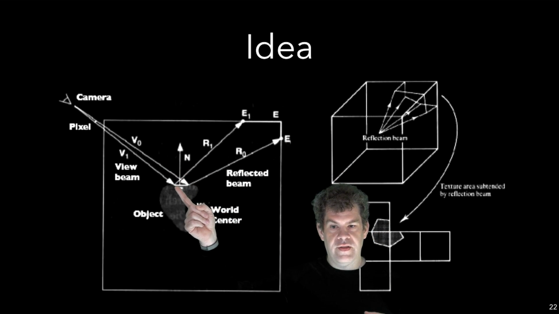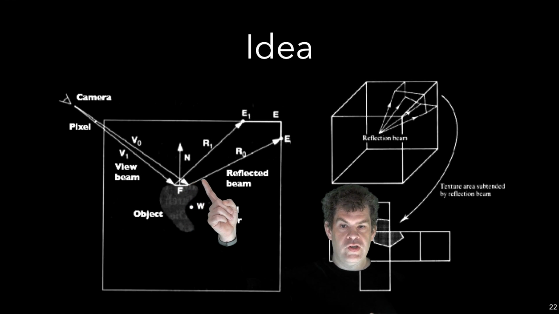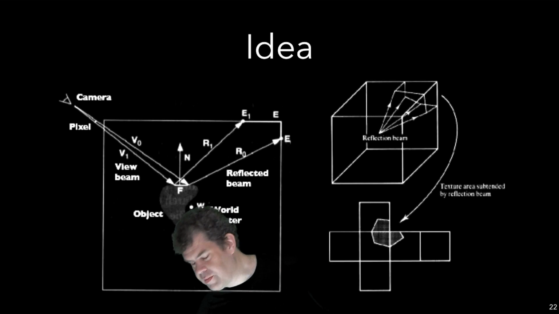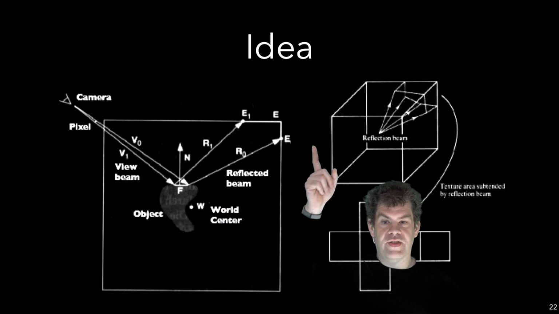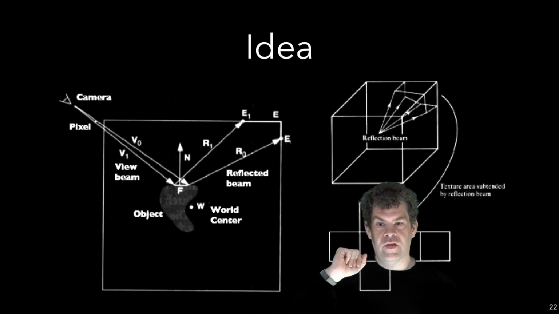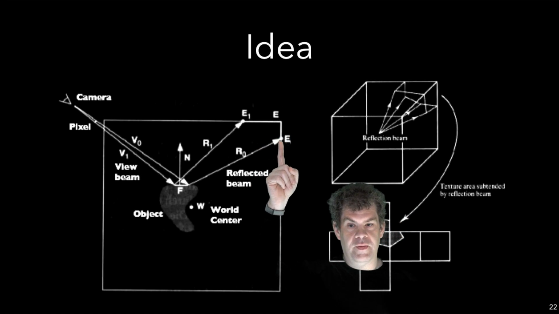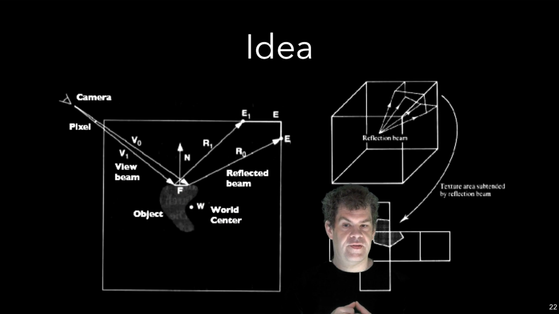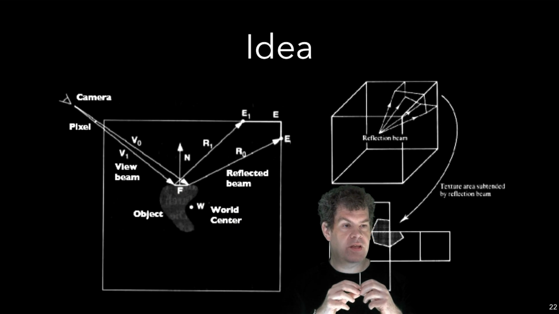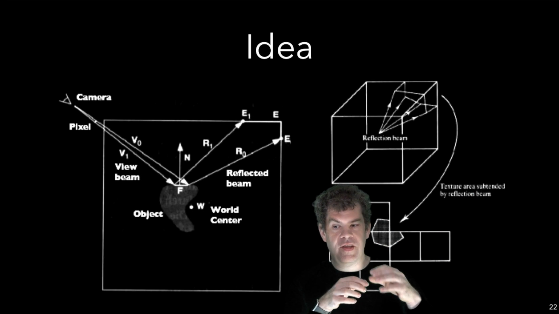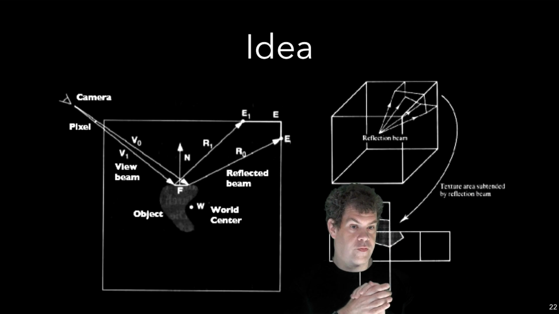So the color that I map to this point here should be the color that I see along that direction. Okay, I want to basically apply to that point what the reflected ray sees, and what the reflected ray sees is what I've captured before, what I've rendered before.